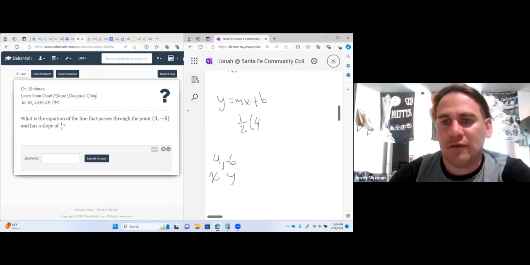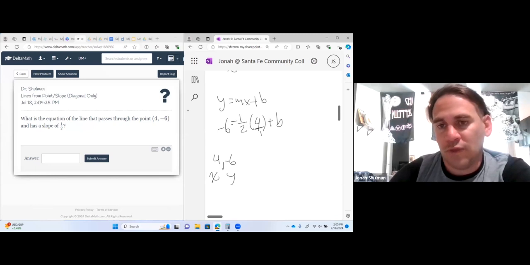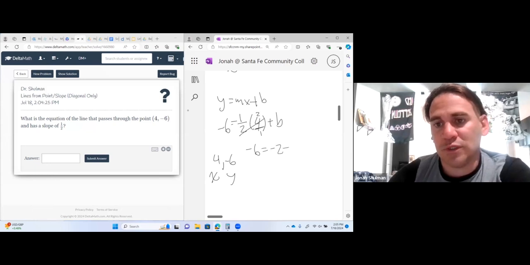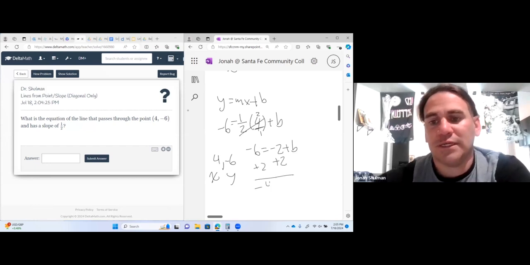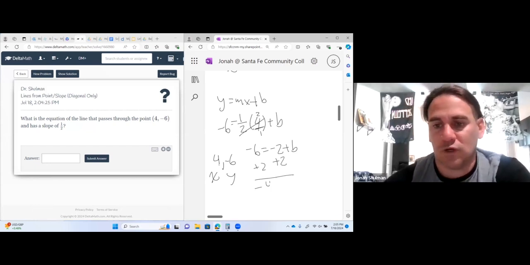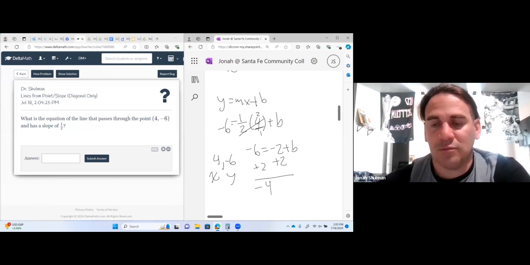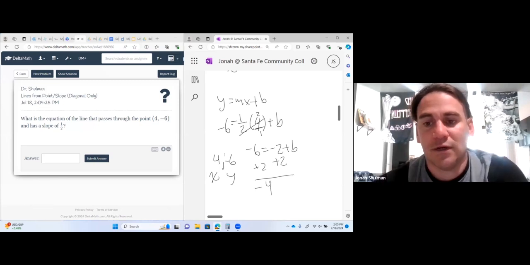So 1/2 times 4 plus who knows equals -6. Well, you can make this a fraction by putting it over 1. -4 over -2. So either way, or you can just cross them. I usually just cross them and put a 2 here. So 6 equals -2 plus b. Add 2 to both sides. And we're left with -4. And that gives us the whole equation. Sorry, my pen isn't the best. I guess I gotta change the ink on it.